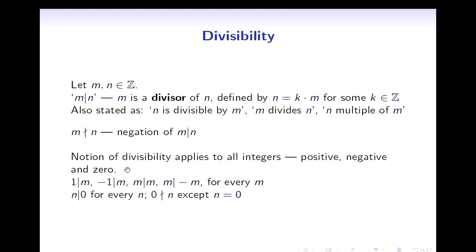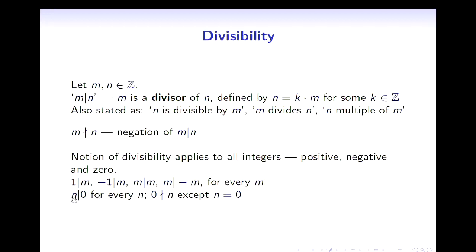It also applies to special cases like 1. 1 is a divisor of every number. Minus 1 is also a divisor of every number. Why is that? Because you can always multiply 1 with the number itself and obtain the number. Every number is a divisor of itself, and every number is a divisor of minus m. So 5 would also be a divisor of minus 15.